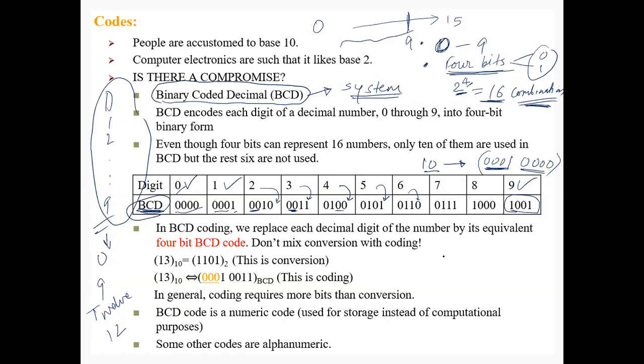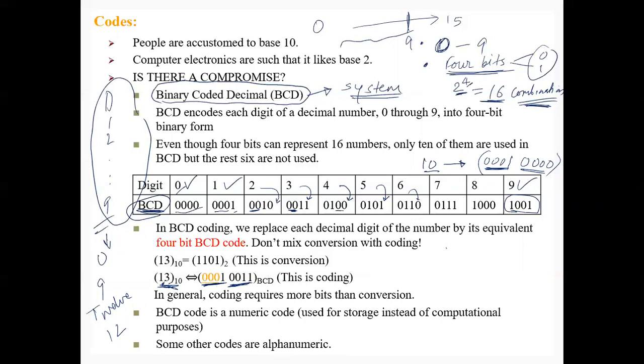If you want to represent, let's say, 13, how do you represent 13 in BCD? First represent 1, which is 0001. Then you represent 3, which is 0011. In other words, you do digit-by-digit conversion, which is different from the real conversion.